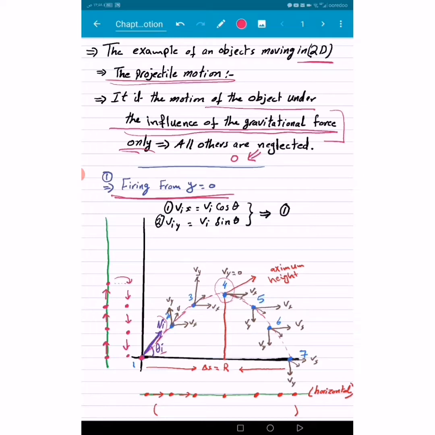At point 4 it changes its direction until it reaches the ground. So if I describe the points for this object, from the start it is point 1, then point 2, 3, 4, 5, 6, 7, and I will try to explain what happens at these points, what the velocity in x and y is, and what changes.